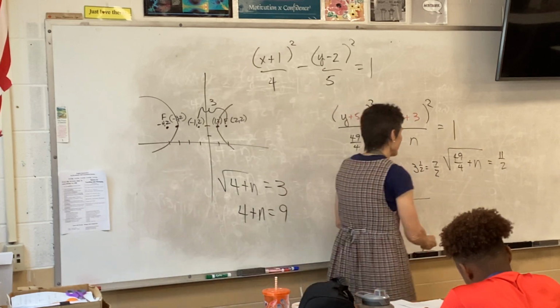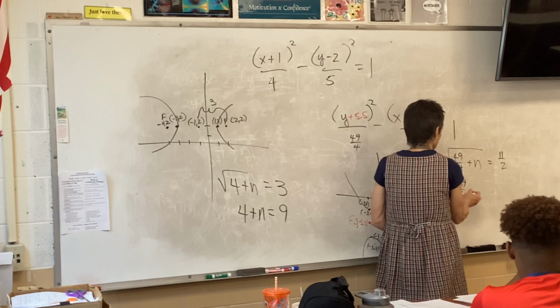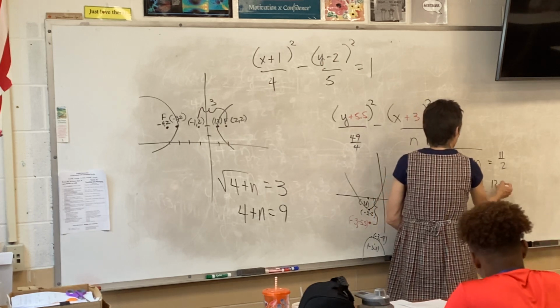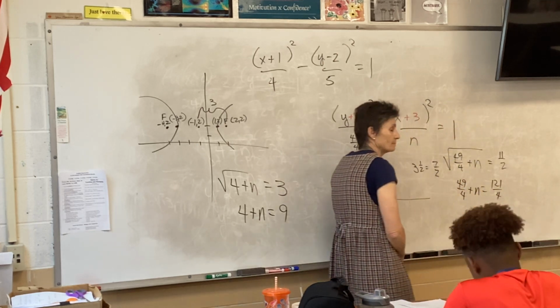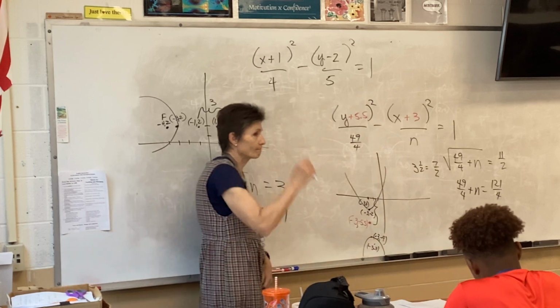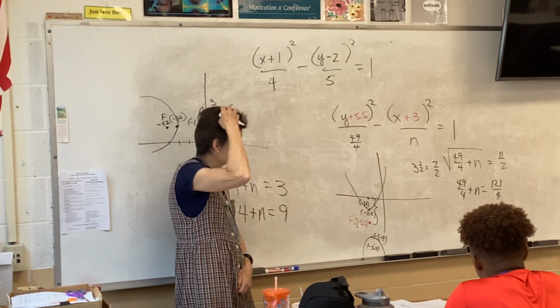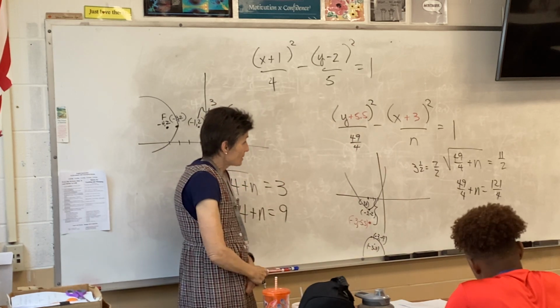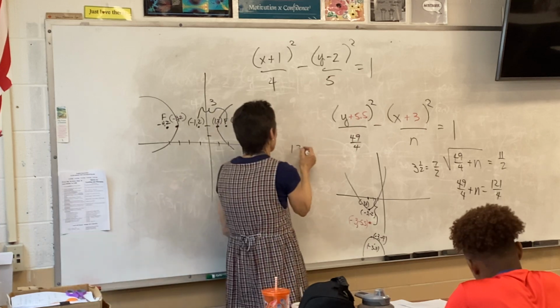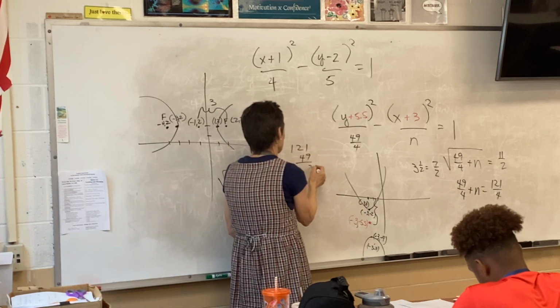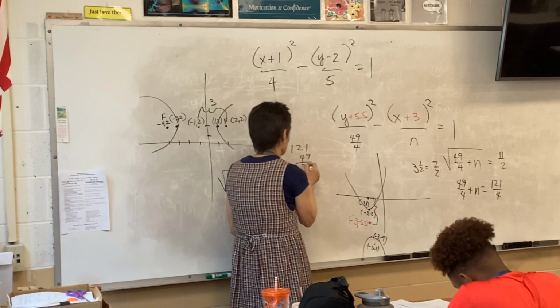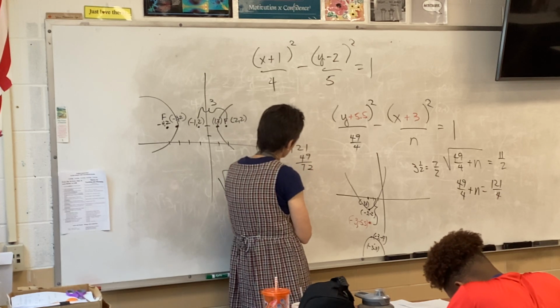So if I square both sides, 49/4 plus n is 121/4. That's 11 halves squared. What's 121 minus 49? Is that 72?